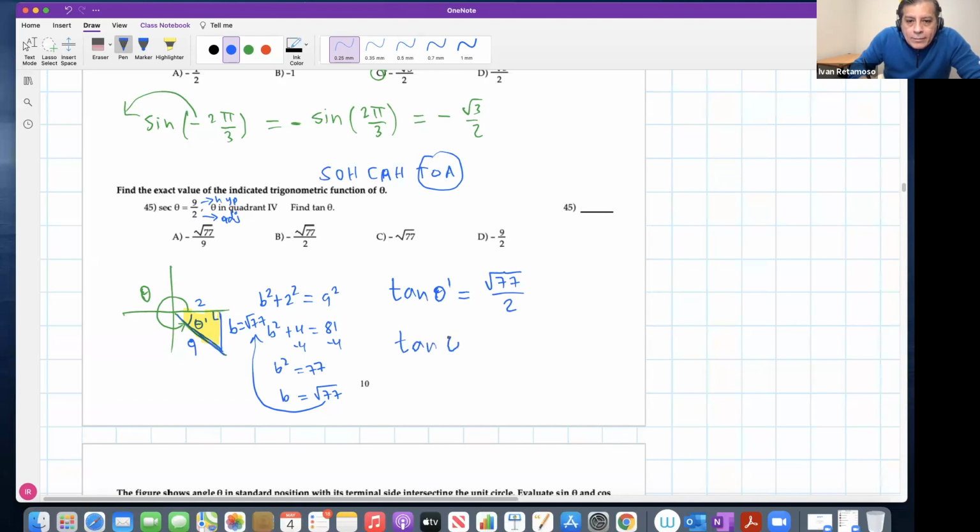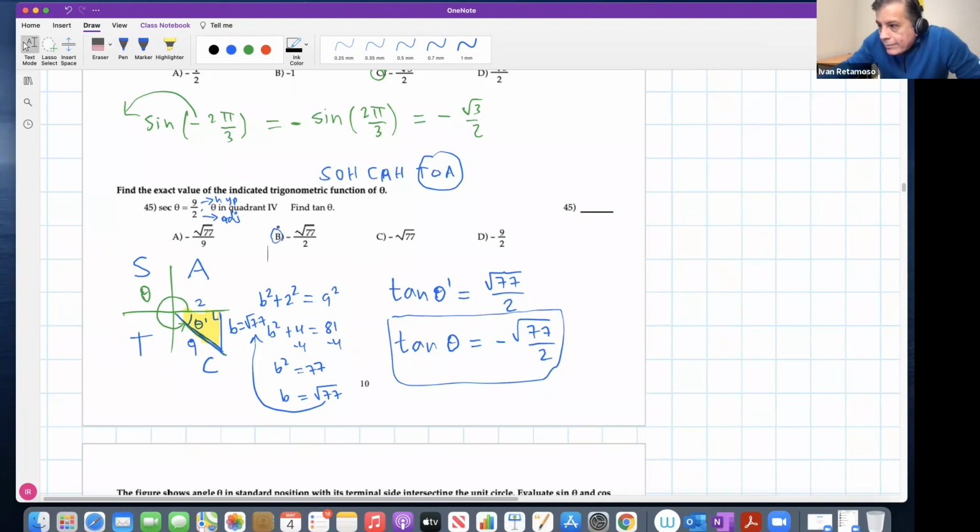But the tangent of theta is in value the same as the tangent of the reference angle. The sign may not be the same. No problem, because we have this, All Students Take Calculus, to figure out the sign, right? In the 4th quadrant, tangent is negative because only cosine and secant are positive, right? Tangent is negative, so this has to be negative, right? You follow, guys? So this should be the final answer.